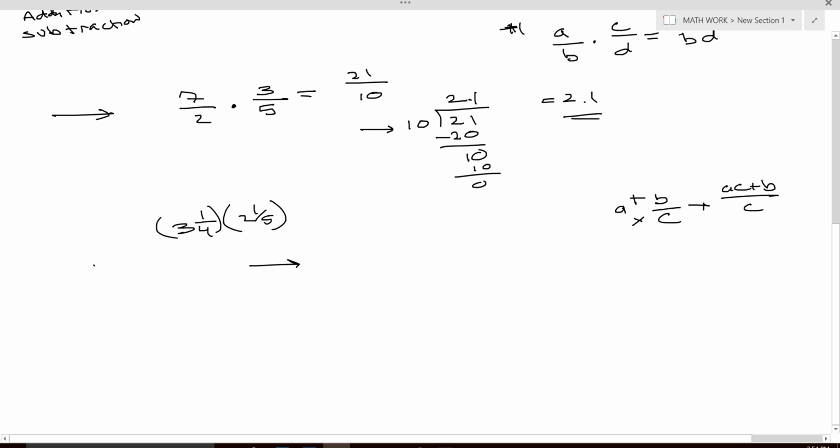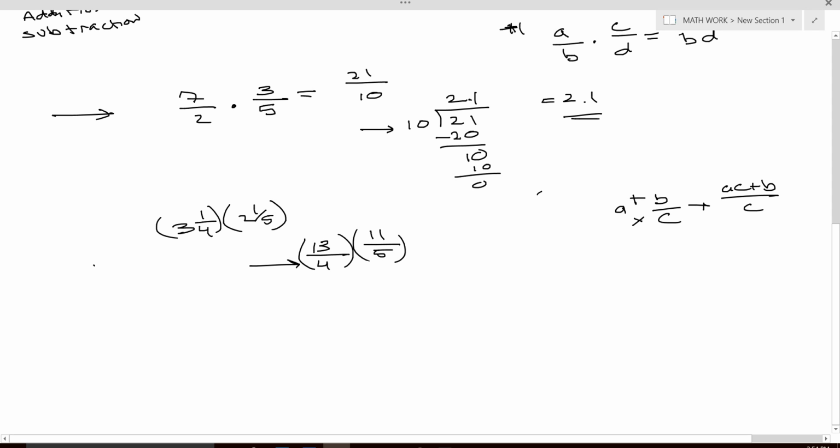4 times 3 is 12, plus 1 is 13. So the first improper fraction is 13/4. And then the second one, 5 times 2 is 10, plus 1, 11/5. And then we go back to this rule, number 1.